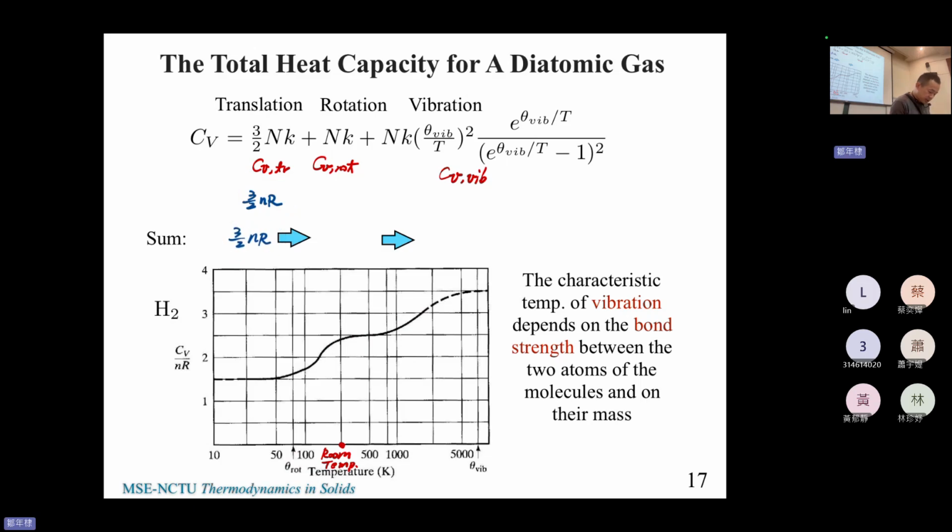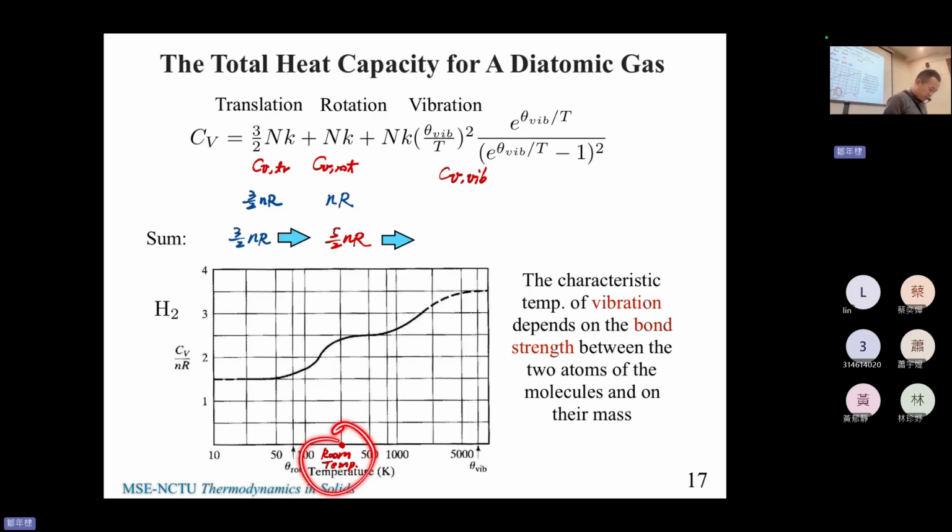And here, as we can see, room temperature is higher than theta ROT, so rotation is activated. At higher temperature, the value is NR. So 3/2 NR plus NR is 5/2 NR. This is the value that we typically obtain.